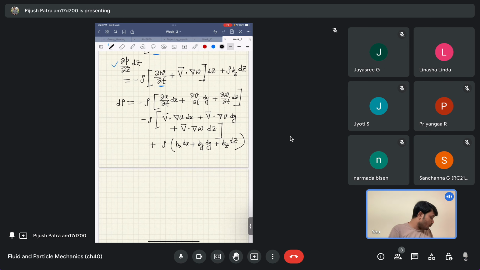Now let me move one step ahead. Okay, what will be the next step? For simplicity I will write this as term 1, this entire thing as term 2, and this as term 3, right? So what is term 1?